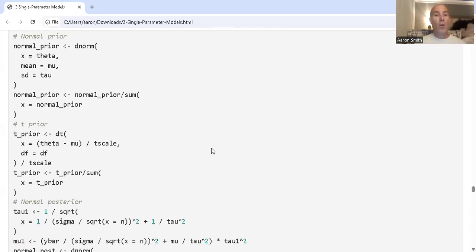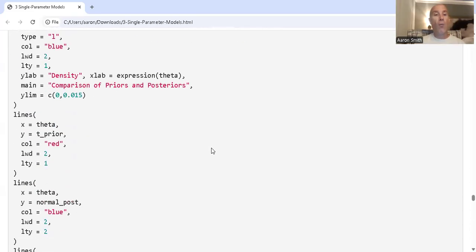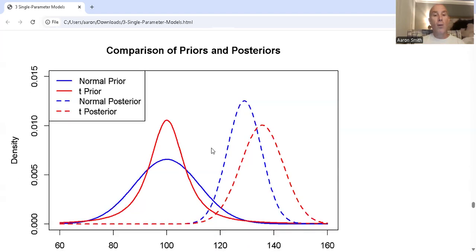All right, so let's visualize all four together. Let's do a comparison of the priors and the posteriors. The dark lines are the priors, the dashed lines are the posteriors, the blue corresponds to the normal prior, and the red corresponds to the T prior. When I look at the solid blue, this is my normal prior.